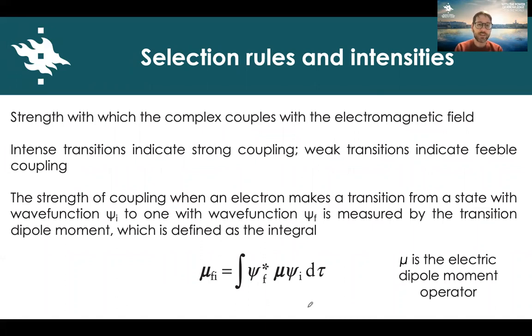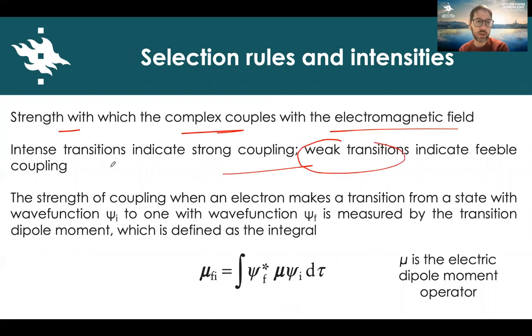And this intensity refers to the strength with which the complex can couple with the electromagnetic field to generate this electronic absorption. So intense transitions, or intense absorption bands, indicate strong coupling, while weak transitions indicate weaker coupling.